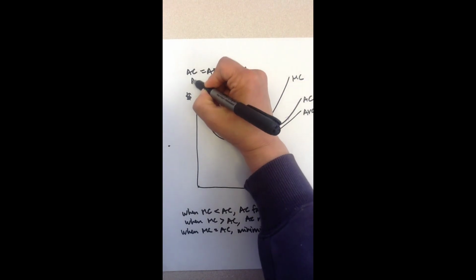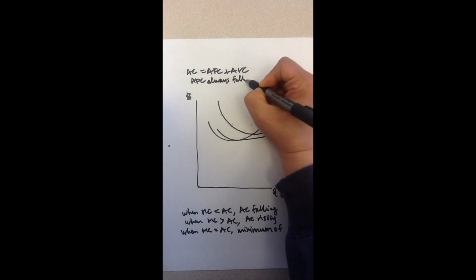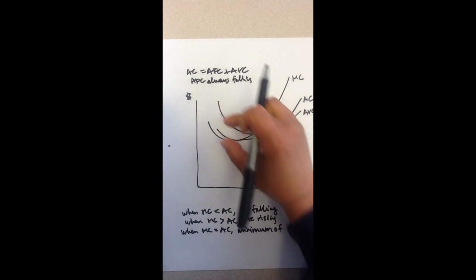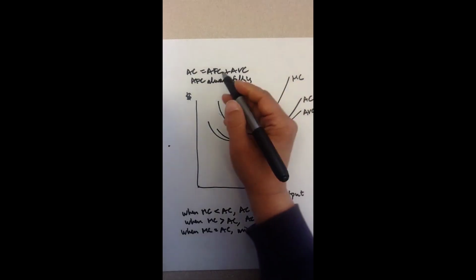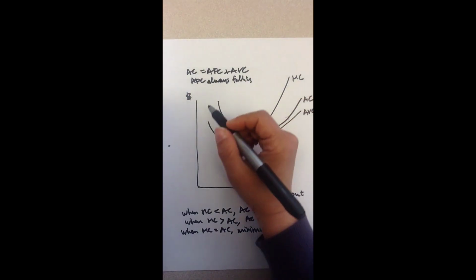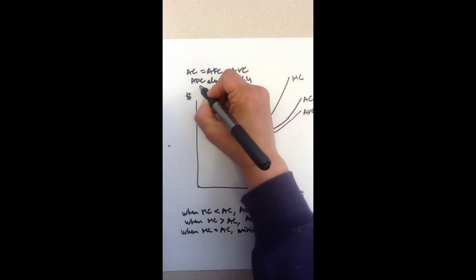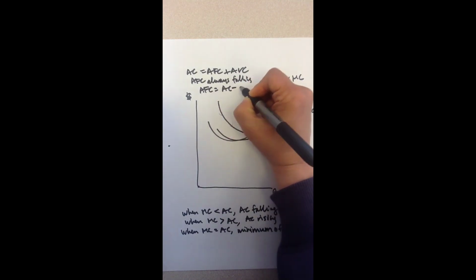And we know that average fixed cost is always falling. So since average fixed cost is always shrinking, the space in between average variable cost and average cost, this difference between, we can just rearrange this and say that average fixed cost is equal to average cost minus average variable cost.